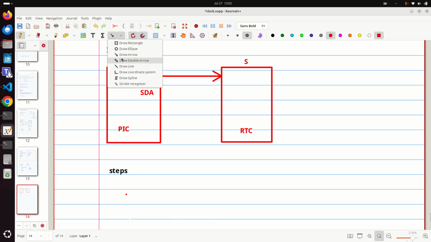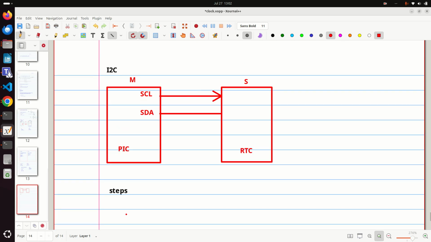Here it is bidirectional, okay? Why is it bidirectional? Because communication happens in both ways, but one at a time. And also we need to add the pull-up circuit on both data and clock line.